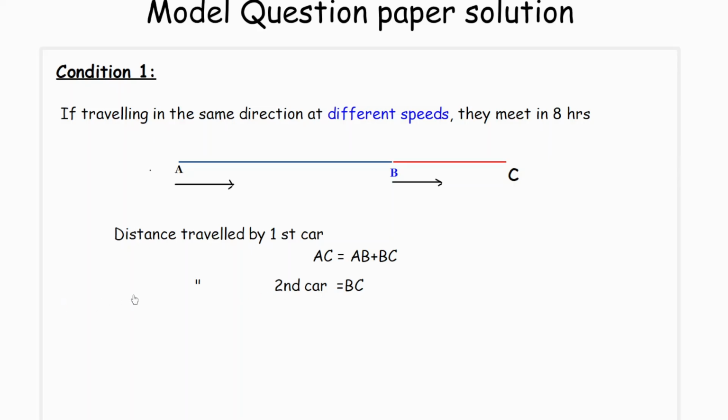The distance traveled by the second car is BC, because the car starts from here and reaches here. This happens after 8 hours: the first car from A reaches C, and the second car from B reaches C, so they meet after 8 hours.